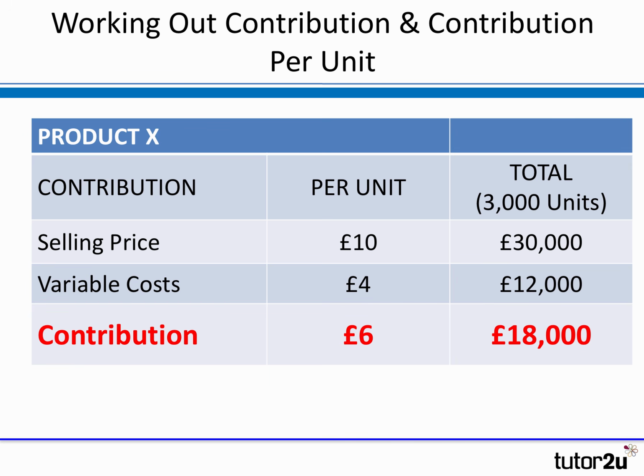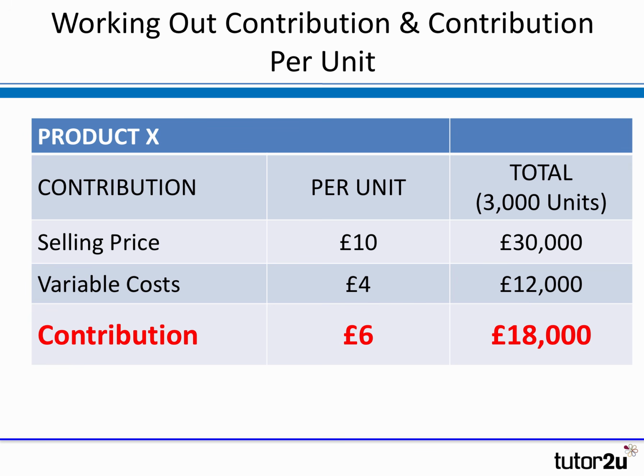And if we calculate the total contribution in that month based on the 3,000 units of product X that we've sold, we can quickly see what the total contribution was. We simply multiply 3,000 units by the selling price to find out that our revenues were £30,000 in the month. We multiply the 3,000 units by the variable cost per unit of £4 to work out that our total variable costs were £12,000.